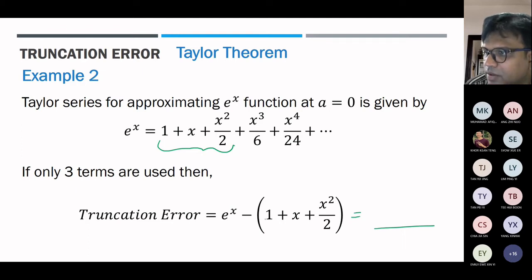Then you can find how much the figures differ from the actual value. That we call the truncation error. If you add more terms, the error will be reduced, and if you add more, it will be reduced further.